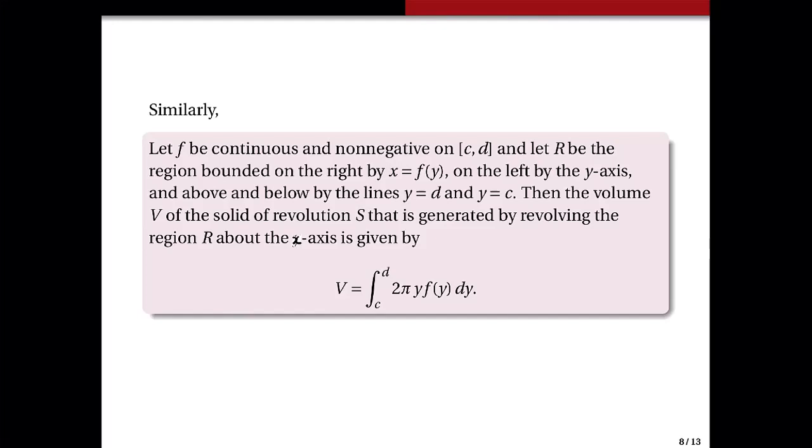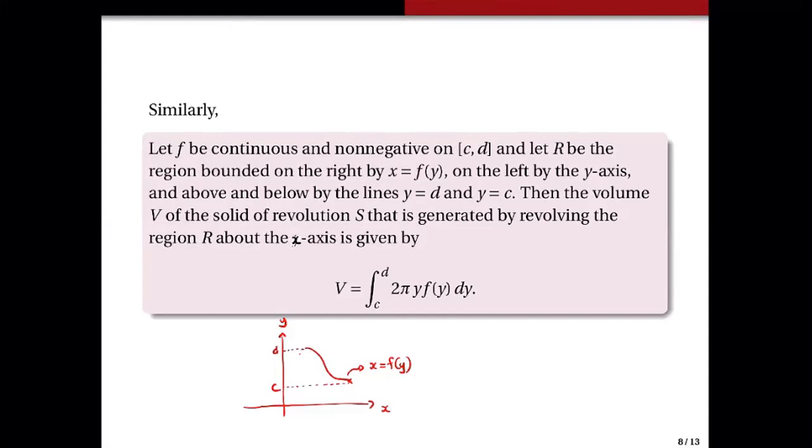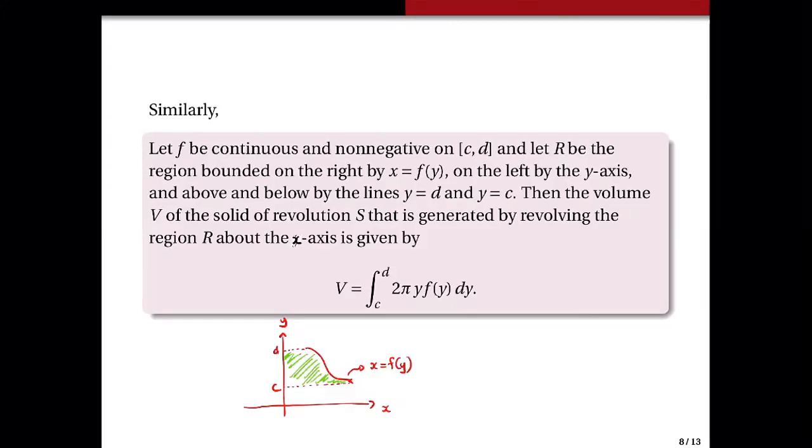So to visualize this, say you have this Cartesian plane, this is your y, this is your x. You have the function here. The function must be written as x equals f of y. And then this is your c, and this is your d, and the region will be this part here. This is the region. It's between the function x equals f of y and the y-axis.